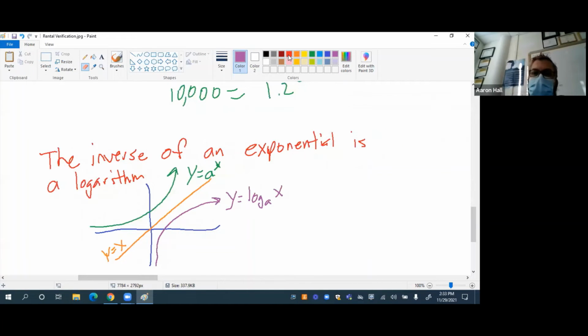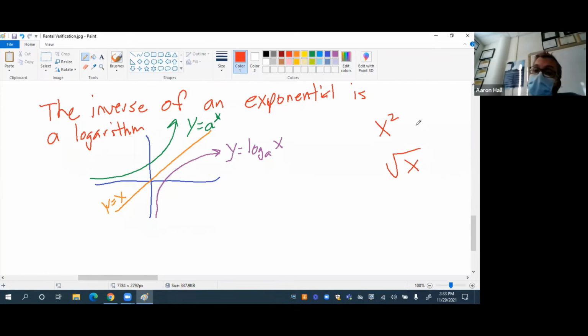What's the inverse of a quadratic? A square root, yep. An inverse of a quadratic, of x squared, is a square root. What happens when we take a composite function of the two inverses?